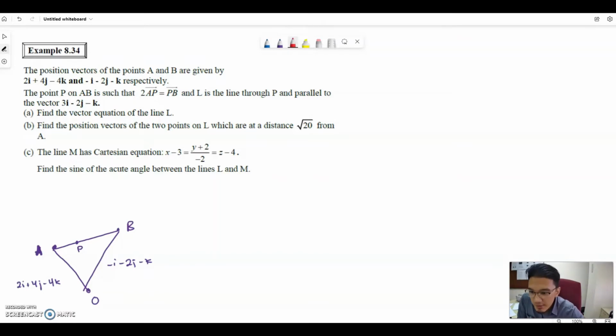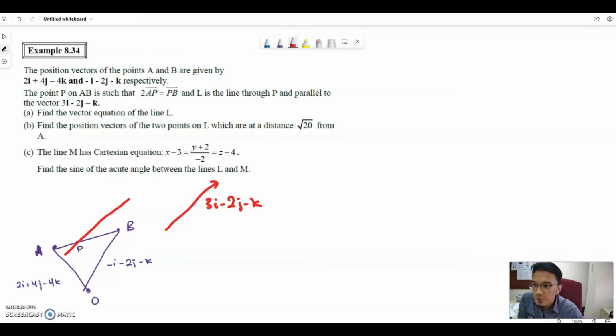So here we have another line passing through point P that is parallel to the vector 3i minus 2j minus k.